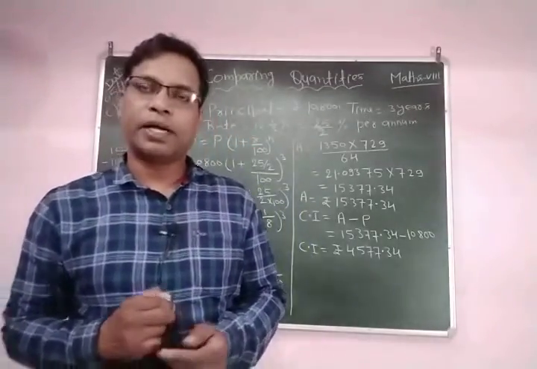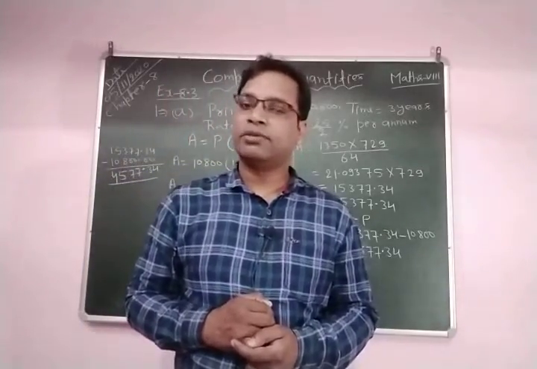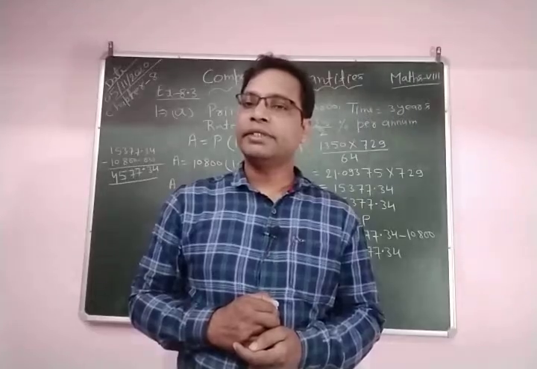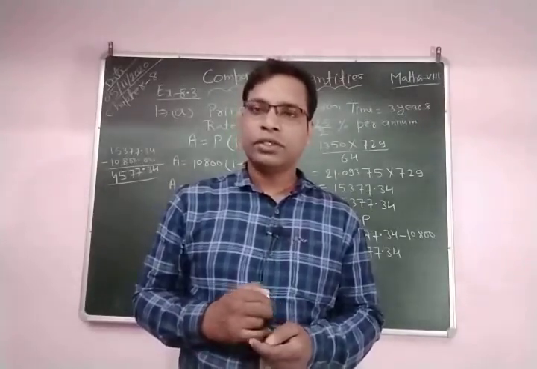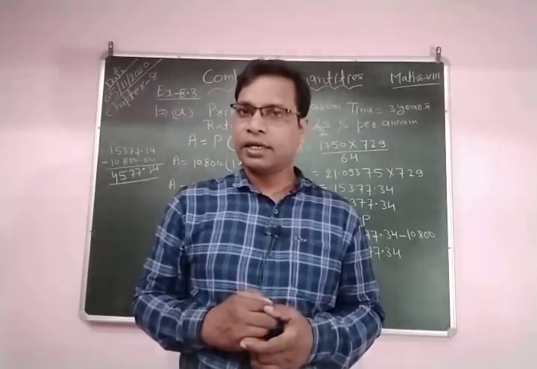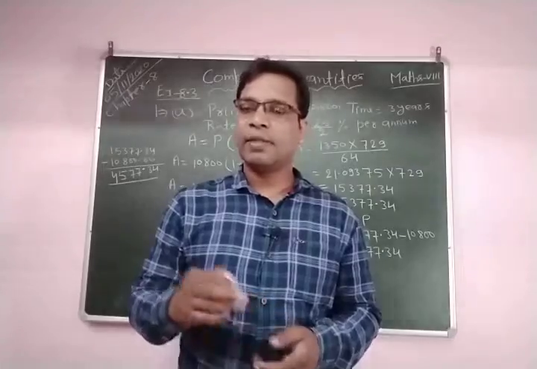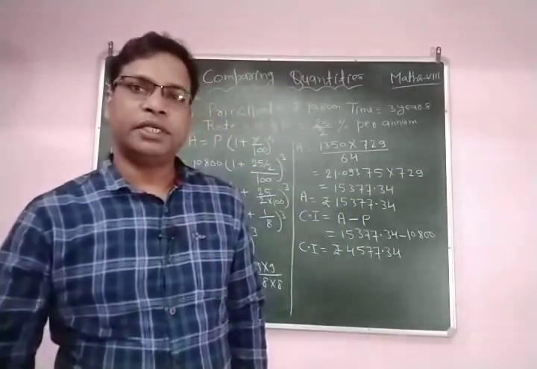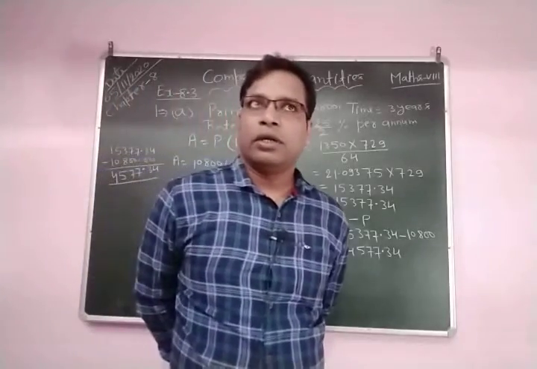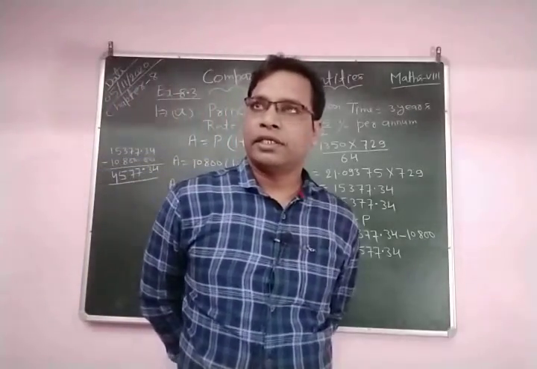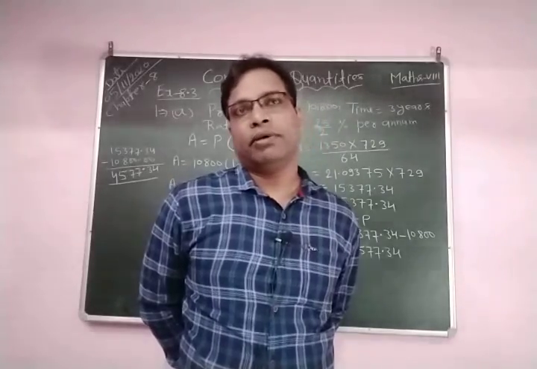Okay. See, students, in this question, we are given the principal, time, and rate, and asked to find the compound interest and amount. So in this question we can also find the amount and compound interest by using simple interest. So let's see how to find it by simple interest. In simple interest, we take 1 year to find SI. After this we add SI to principal, then you obtain the amount.